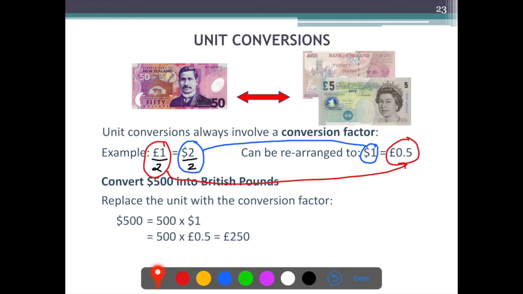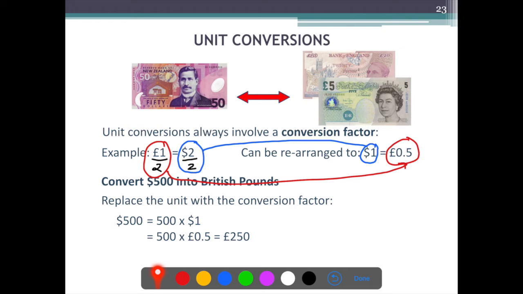And then you substitute the unit that you don't want with the unit that you want using the conversion factor. You don't want the dollar, you want the pound, and your conversion factor tells you that $1 is equal to 0.5 pounds. So we change $1 with 0.5 pounds and do the calculation and see that $500 is equal to 250 pounds.